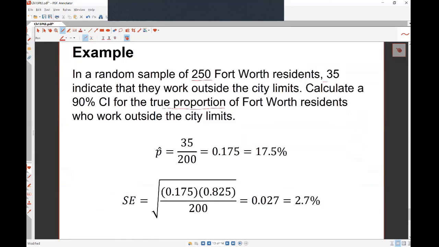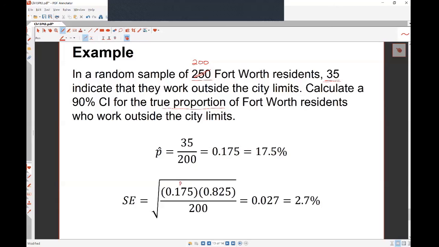In our sample, we find that holds for 35 people. So when we express that as a proportion, we take 35 divided by 200. That is 17.5%.